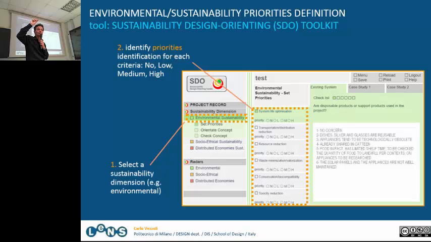So for each of those, we have a set of checklists, and while answering this checklist, we understood where the problem is: maybe my system doesn't last long, maybe my system consumes lots of resources, my system is very toxic, my system doesn't use any renewable resources, and so on, okay? So related to some criteria, but then they will be our criteria to design. So this is why it is interesting to analyze the system in relation to something that is more useful for us, okay?